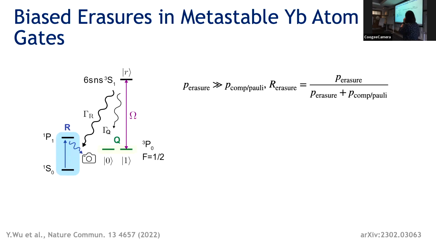So in this case, we expect that the probability of an erasure error is much more likely than the probability of a computational error or a Pauli error. And I can define an erasure fraction, R, which is the ratio of the erasure errors to the total errors in your system. For pure erasure errors, that means I have no computational basis errors, R is 1. If I have only Pauli errors, no erasure errors, R is 0.